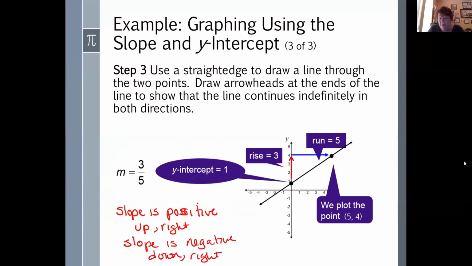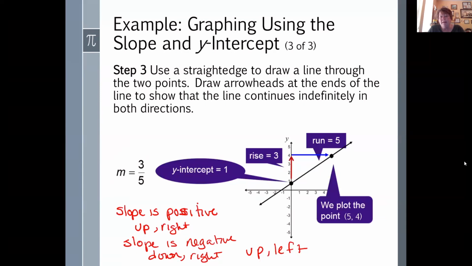Now you could technically go up and to the left. That would still be negative. If you go up, that's positive, left is negative. So you could do either one because both of those would give me a slope that's negative.